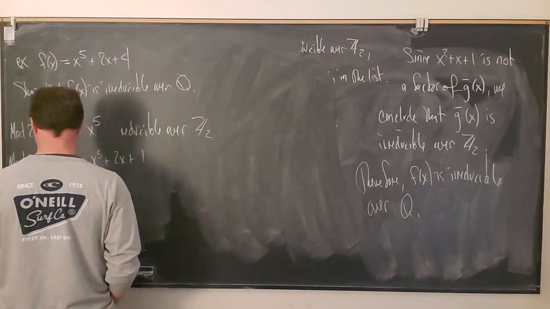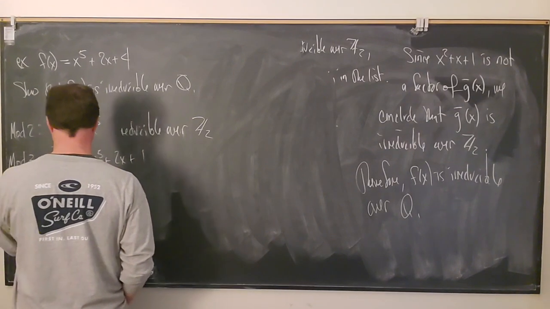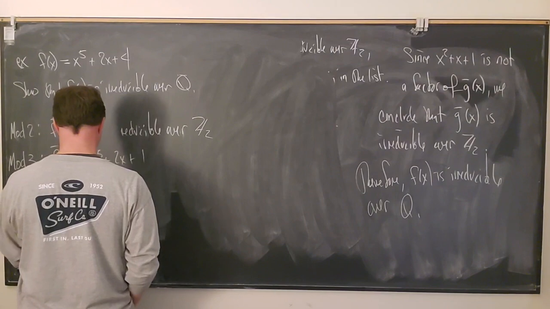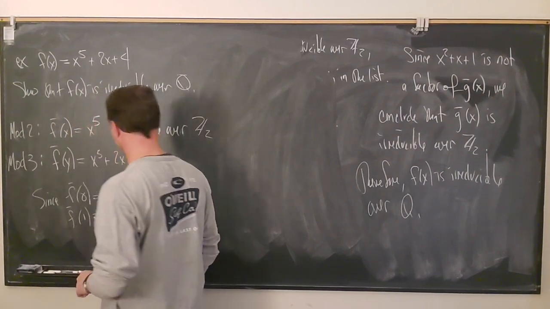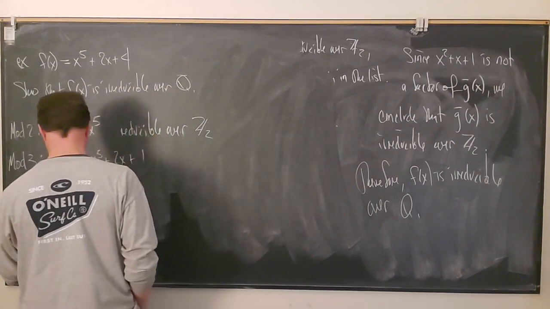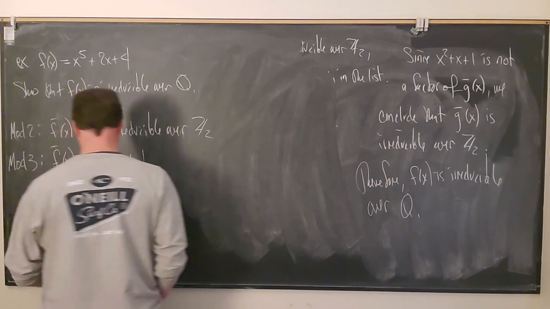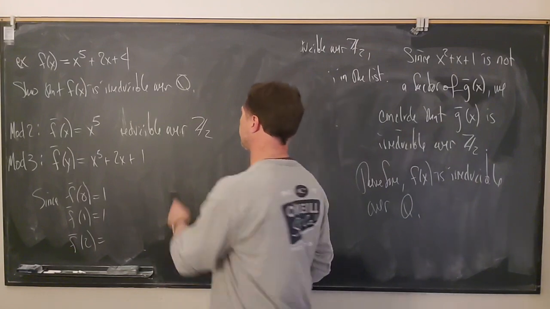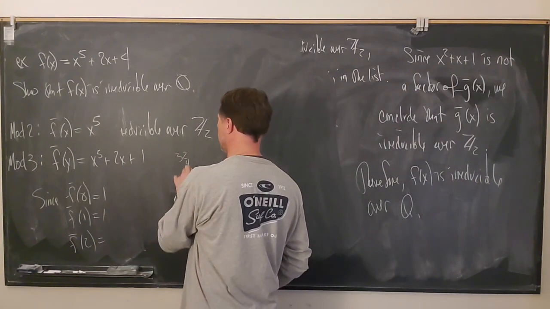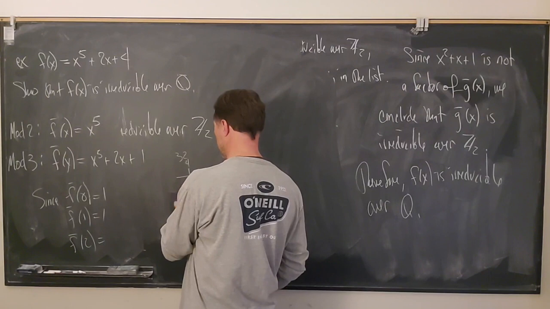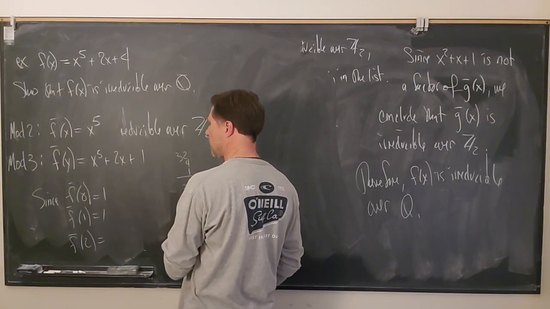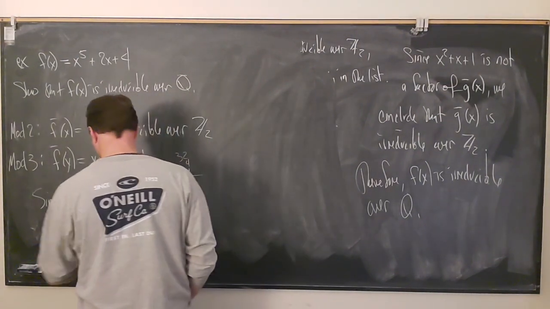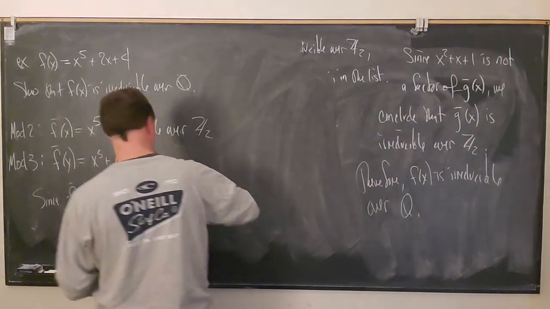And so we do it like this. Since f bar of 0 equals 1, f bar of 1 equals 1, and f bar of 2, all right, 32 plus 4 plus 1 gives us 37. Mod 3 is also 1. And so, let's finish the sentence here.